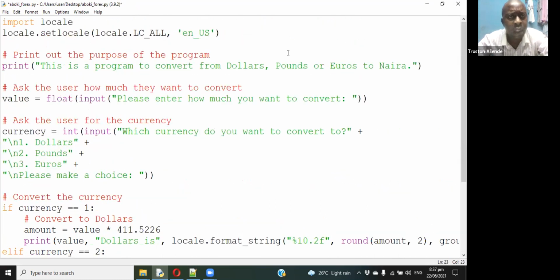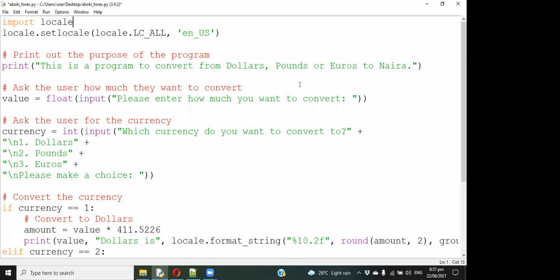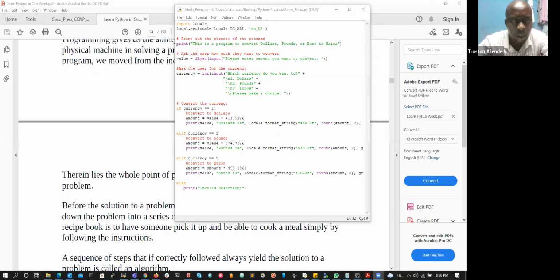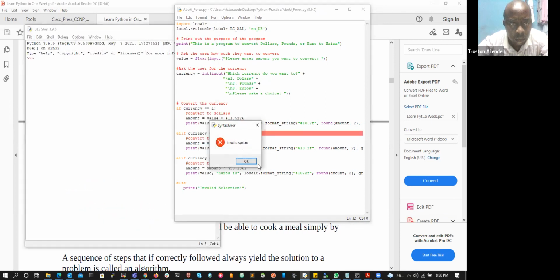Okay, let's start from the beginning. Import locale. Victor, is it working correctly? Let me run it and see. Okay, can you share your screen? Okay, invalid syntax.